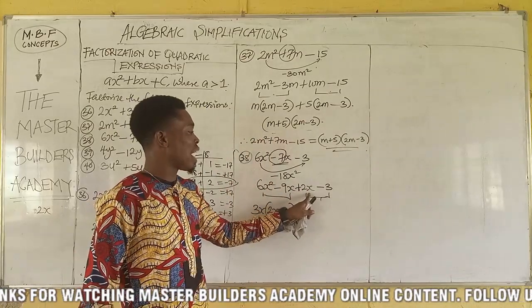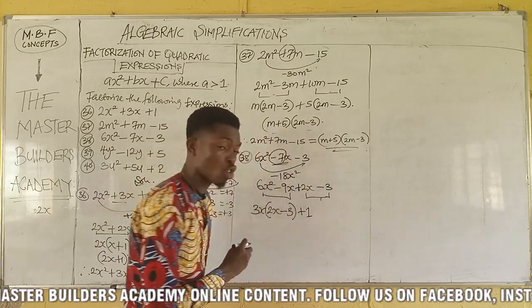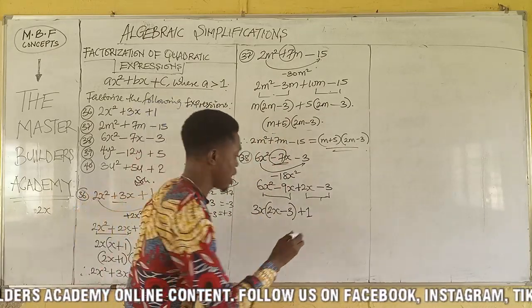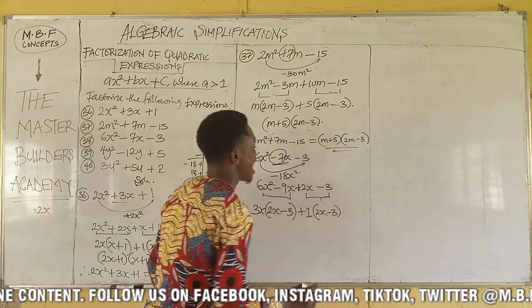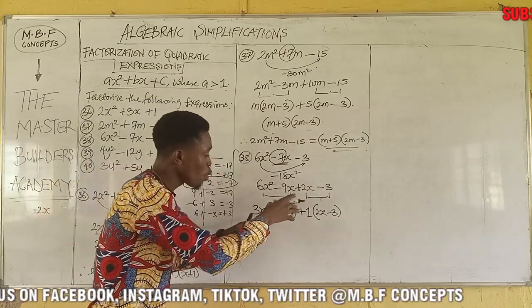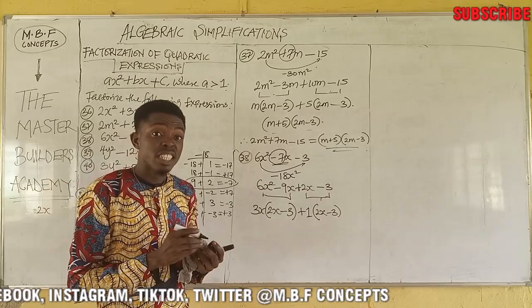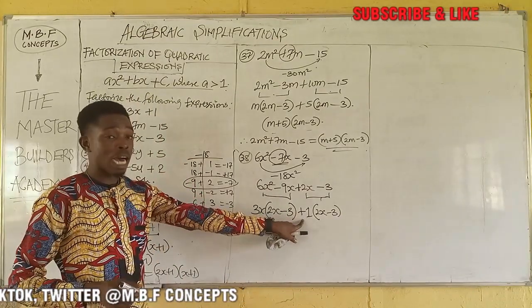Now between these 2x and minus 3, nothing is common, so 1 is common. Anytime nothing is common, 1 is common. Then repeat the bracket, 2x minus 3. Now that we have successfully factorized this, all we need to do is to collate the multiplication factors. The multiplication factors here are 3x and plus 1.